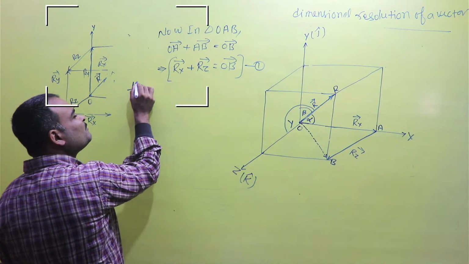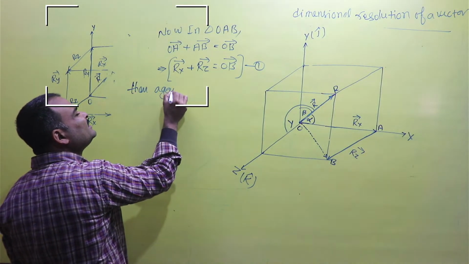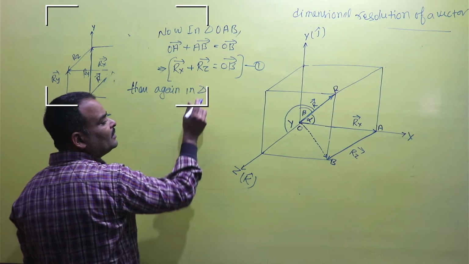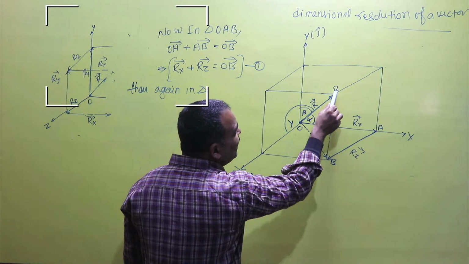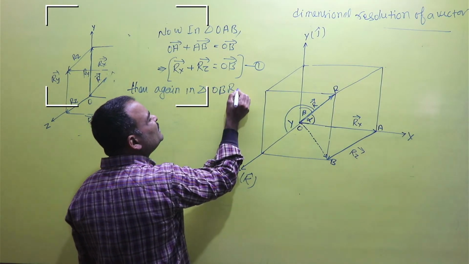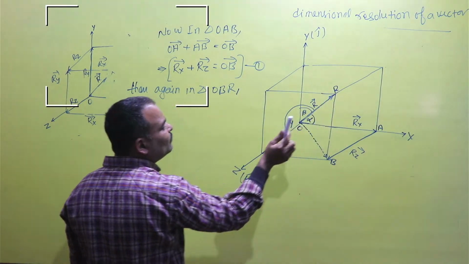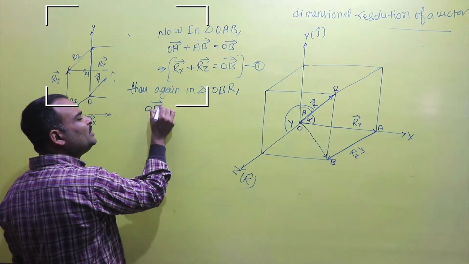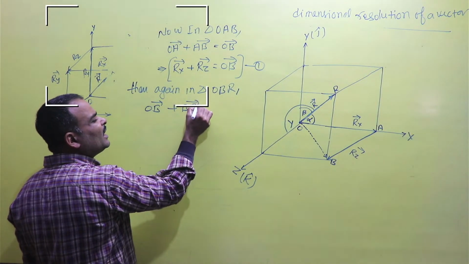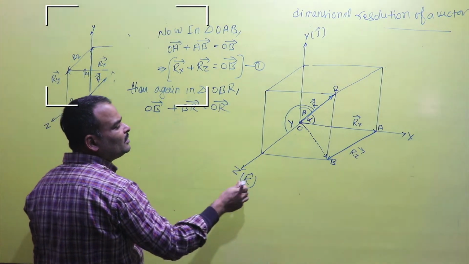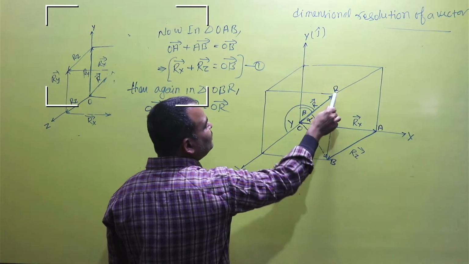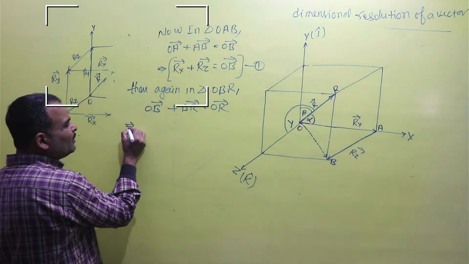Then again in triangle OBR, OB plus BR is equal to OR. What is OB?